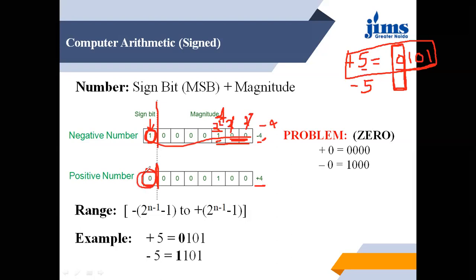The range of these numbers is minus (2 raised to the power n minus 1) to plus (2 raised to the power n minus 1), and then minus 1. For example, I have a 3-bit number.